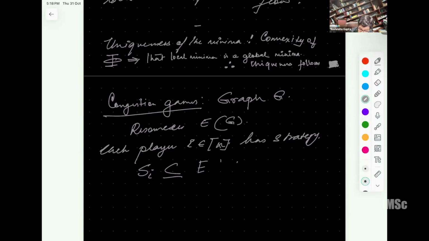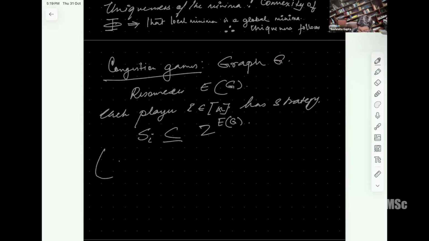Each player's, this is this. No, I don't mean that. I mean a subset of a collection of paths. That's what I mean. Yeah, I want to write it this way. Each player i has a collection of paths it can use.